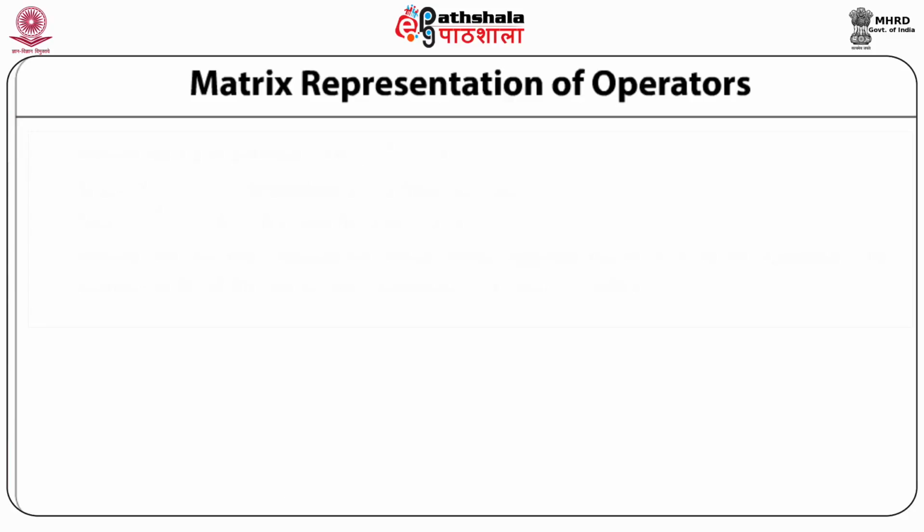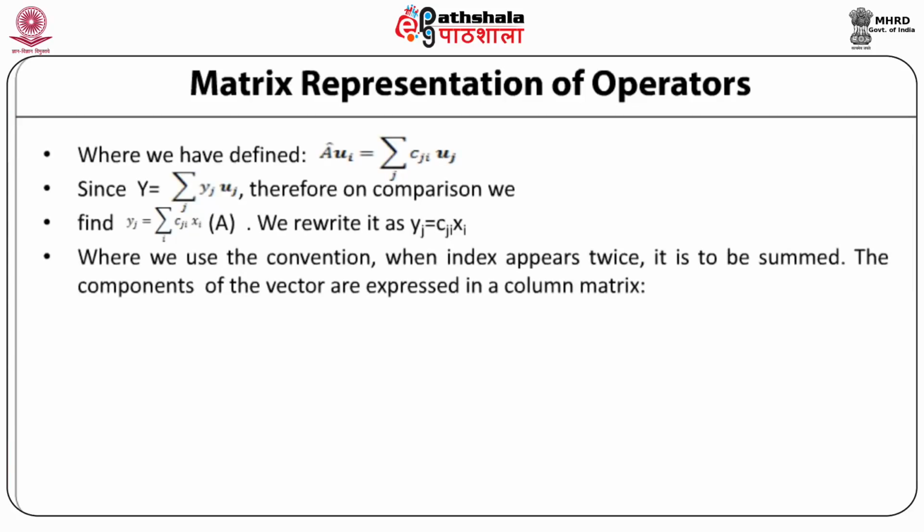Continuing from the previous equation, we have defined the operator A acting on ui as equal to summation over j cji uj. Now, since the vector y is equal to summation over j yj uj, on comparison with the above equation, we find that yj is equal to summation over i cji xi.